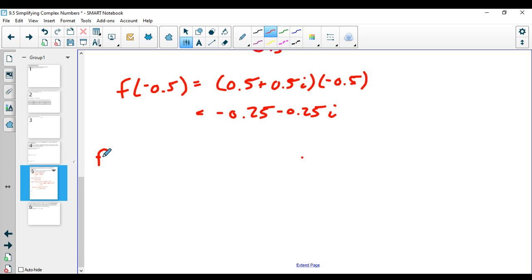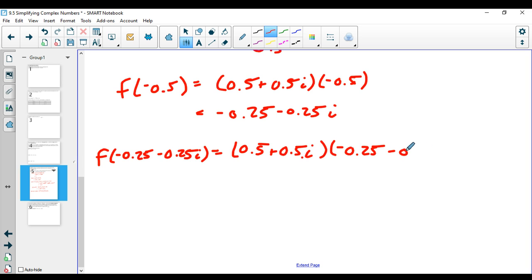All right, so if we do f of negative 0.25 minus 0.25i, then that is 0.5 plus 0.5i times negative 0.25 minus 0.25i.